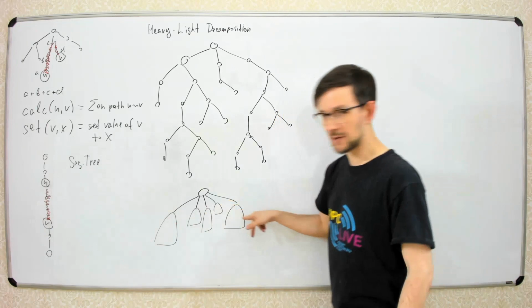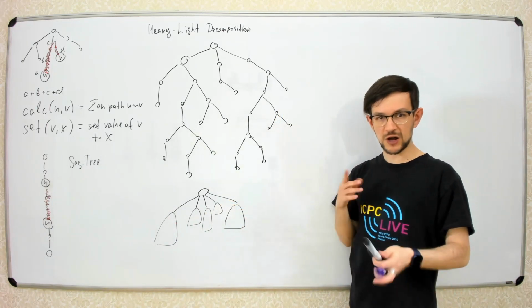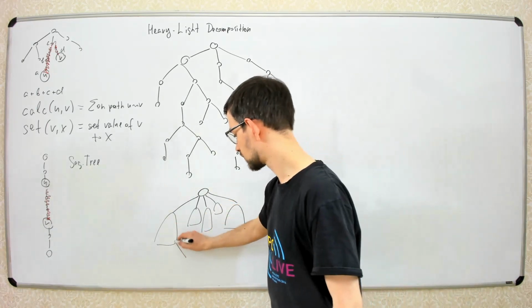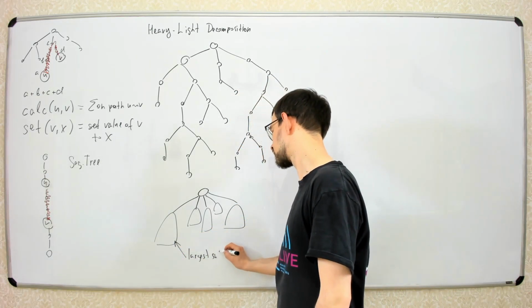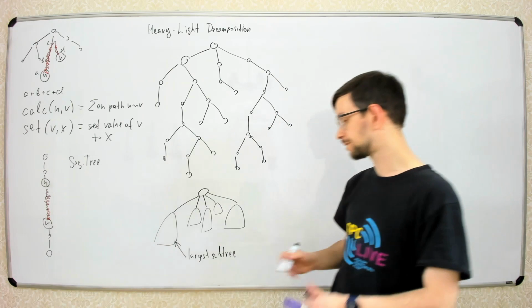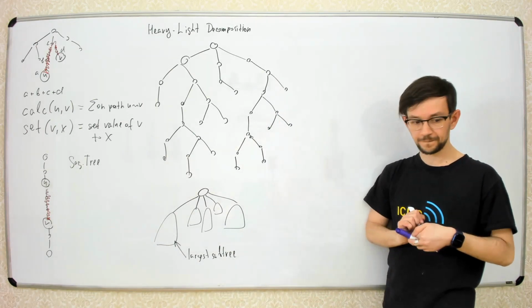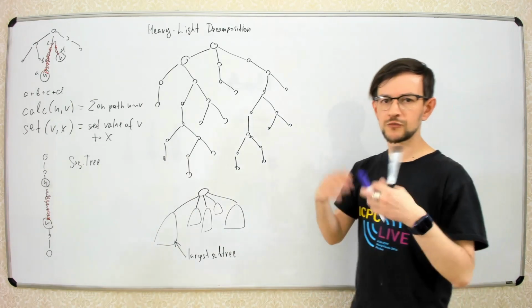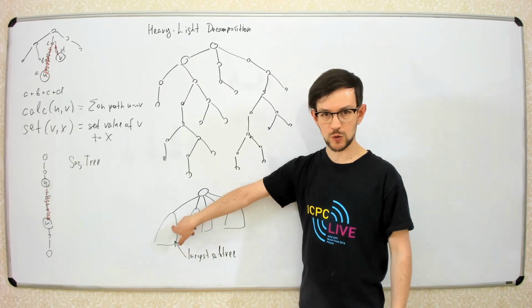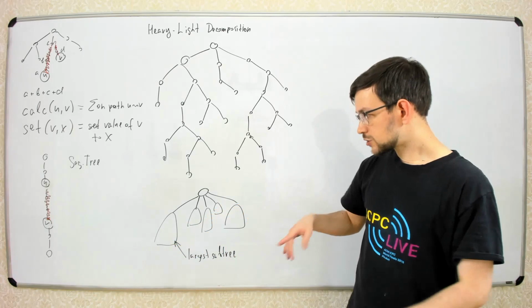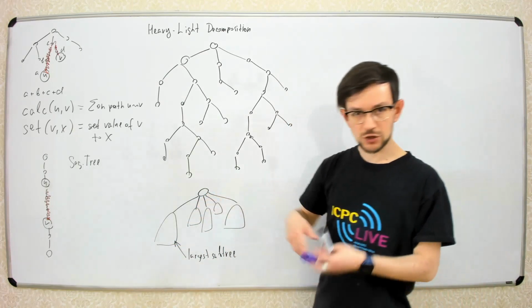We'll look at all these subtrees and find the largest subtree. Largest is just by number of nodes. So we'll calculate the number of nodes in each subtree and find the largest one. And that's all. And then we will mark this edge as a heavy edge.